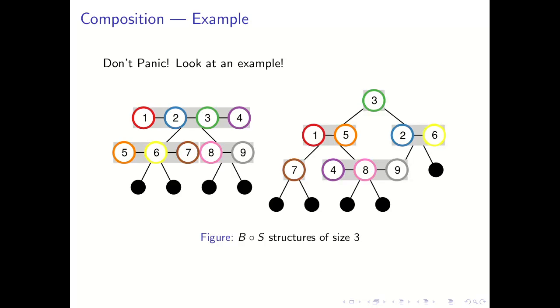So, if you believe me, there's another mistake. These are B compose S structures of, that should say size 9. I don't know why it says size 3. If we just look at this left one, what I've got are three permutations. There is a gap between the permutation 5, 6, 7 and the permutation 8, 9. And we've got a binary tree sort of hiding behind it. Similarly on the right, we've got 5 permutations, and they share all of the labels 1 through 9 between them.